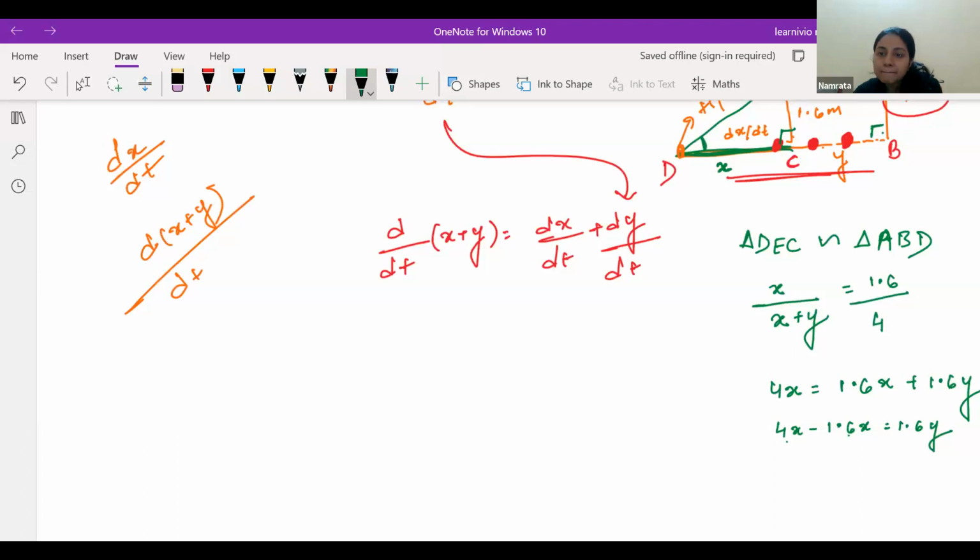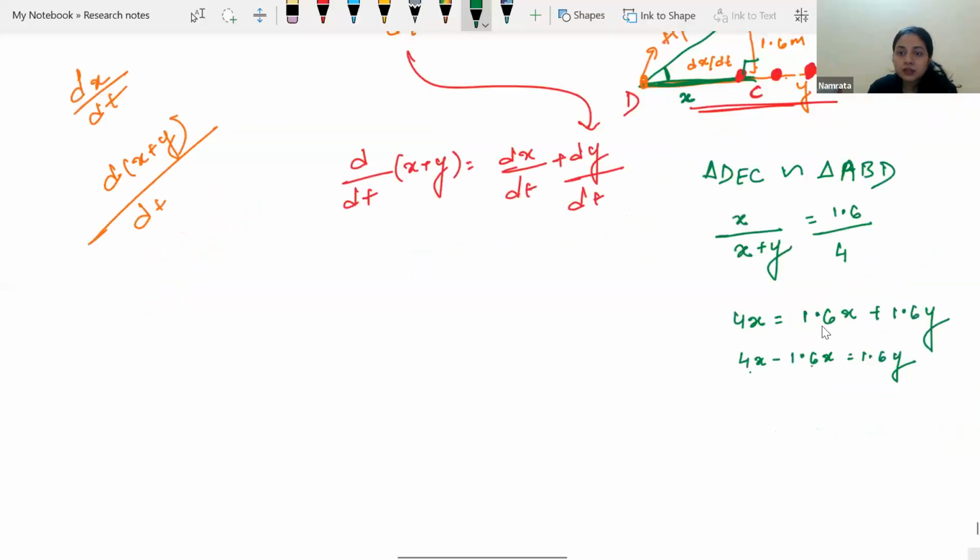It's 2.4. 2.4, yeah. Is equals to 1.6y. So x is equals to 1.6 by 2.4 y.